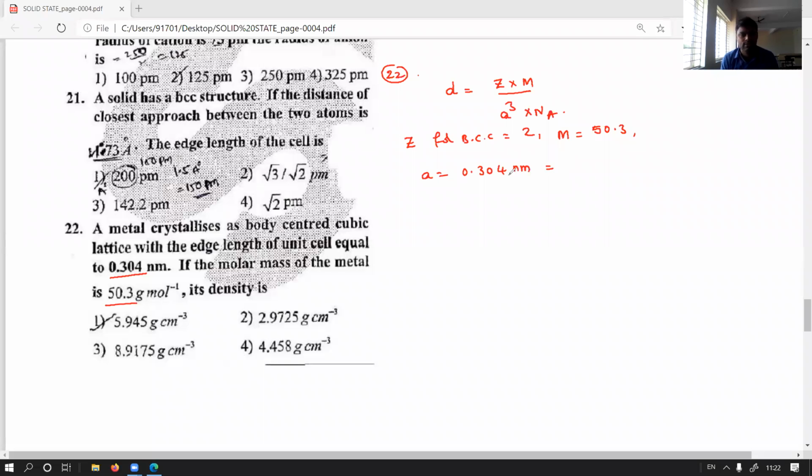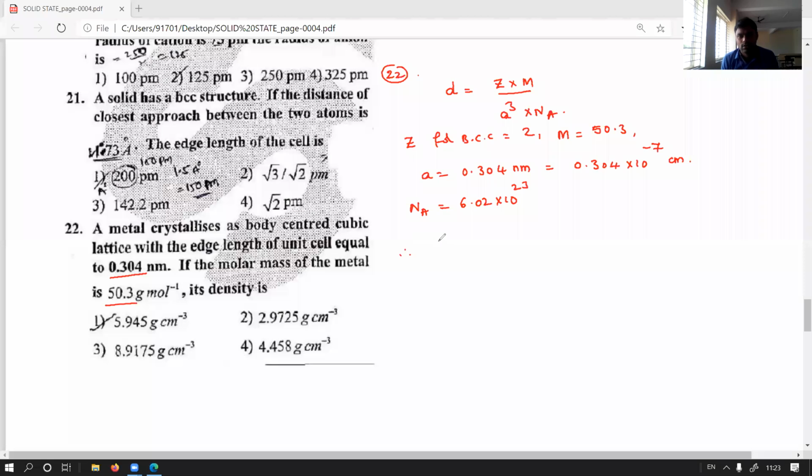Nanometers we have to convert into centimeters. 1 nanometer is equal to 10 to the power of minus 7 centimeters, so a is 0.304 into 10 to the power of minus 7 centimeters. Then Na is equal to 6.02 into 10 to the power of 23.